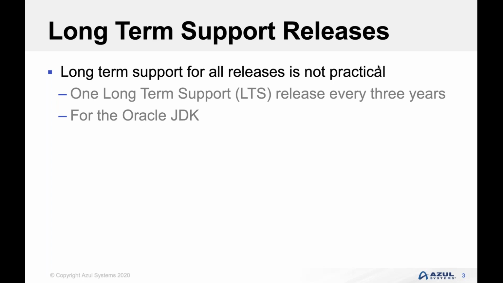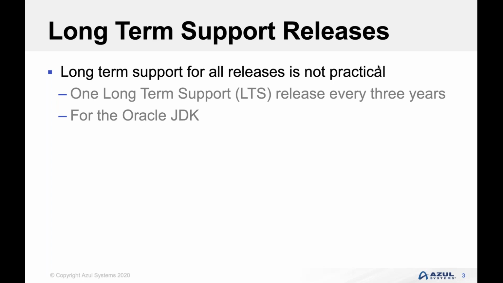With a 6-month release cadence, this is not practical because very quickly we're going to end up with literally maybe 5, 10, even 15 versions of Java that need to be supported for different updates. And that's just really not practical. What Oracle decided to do at that point was that they said for the Oracle JDK, this is quite important, I'll come back to this, for the Oracle JDK, they would provide long-term support for one release every 3 years.